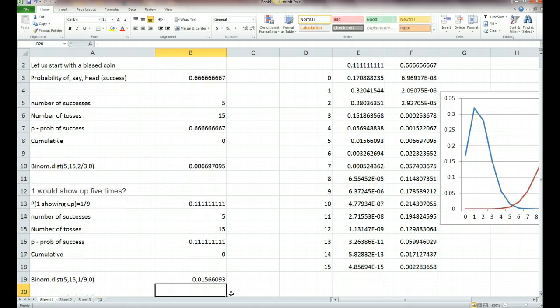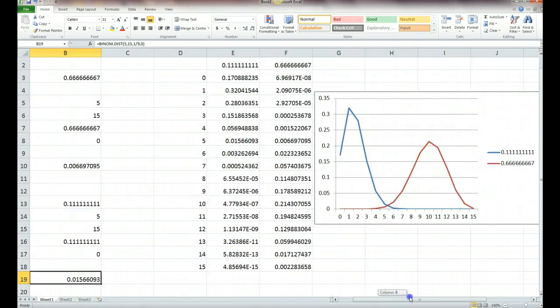Now, some of you had asked me how the probability could be higher for getting 5 ones as compared to the even number, and that's the way the probability distribution is distributed.